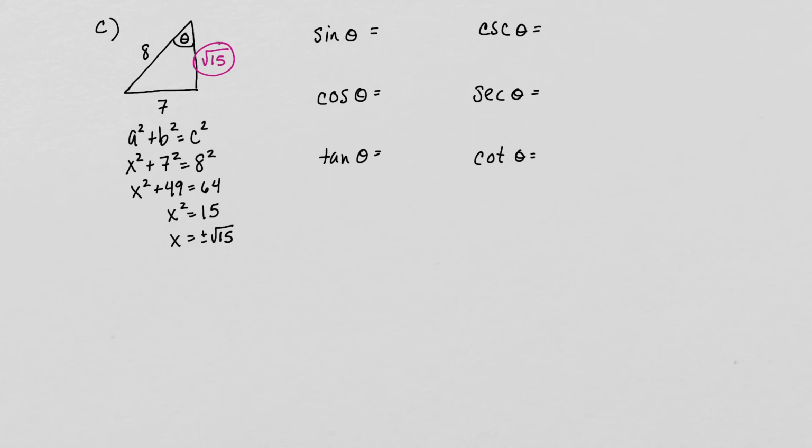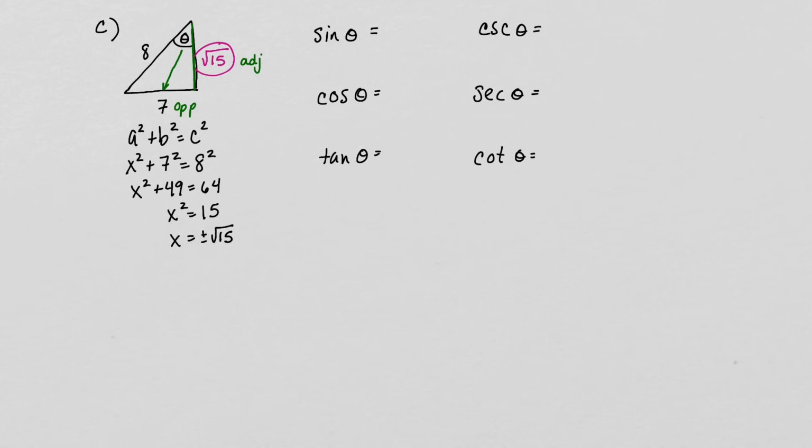From the perspective of theta, this side here, the 7, is the opposite side, because that 7 is opposite of the theta. And this square root of 15 is the side that's touching the theta, so that's the adjacent side. You have to be a little careful that you're looking at the problem how it's given. You have to figure out the perspective of that angle theta.